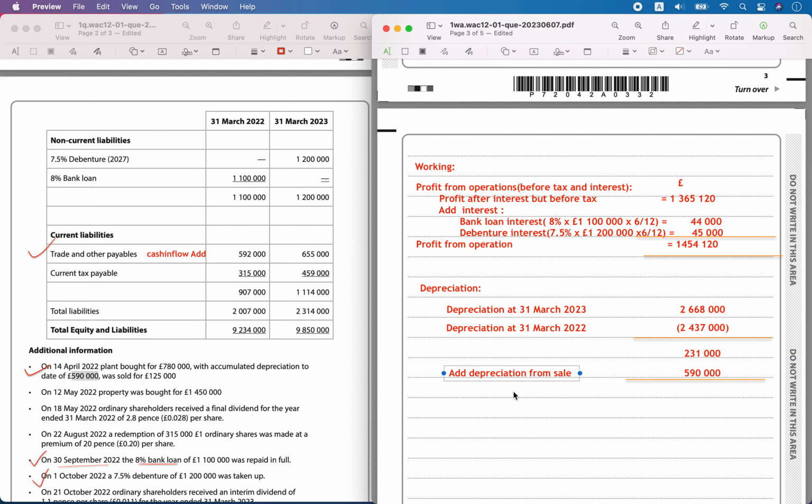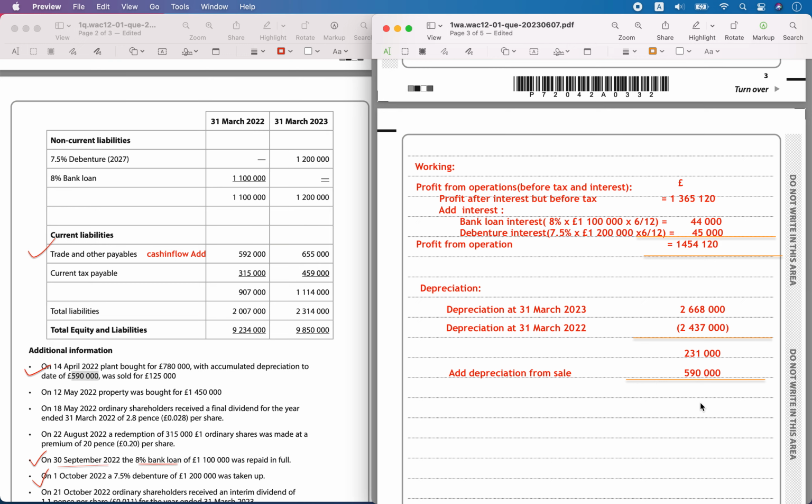I want to get the total. So now depreciation from the sale. Let's add up these two: 231,000 plus 590,000.